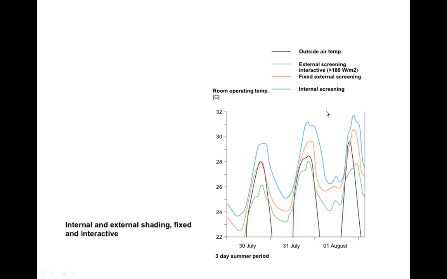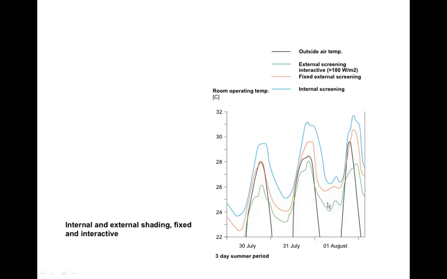In this example, it's a system which is controlled so that when the sun's intensity increases more than 180 watts per square meter, that shading device will close down. And as you can see, this is by far the most effective system.